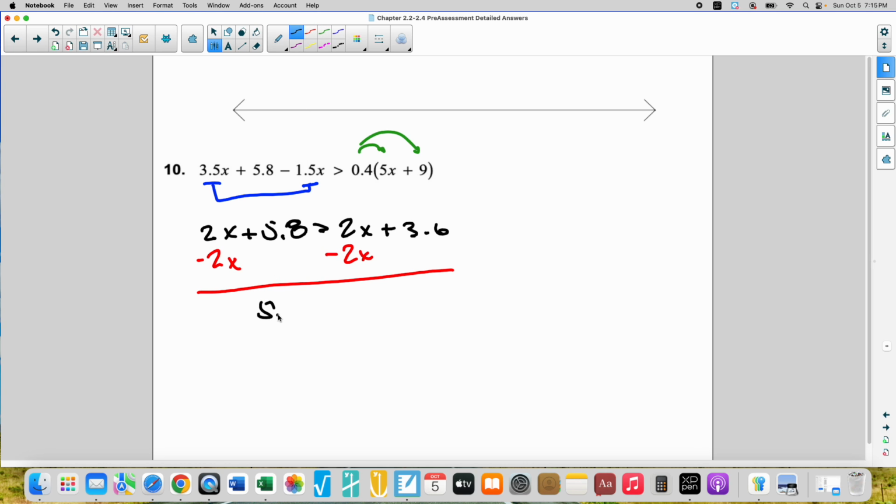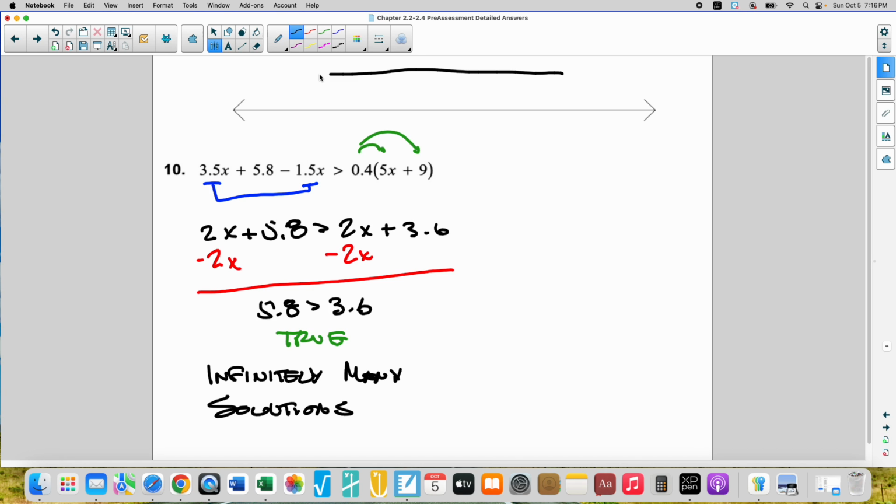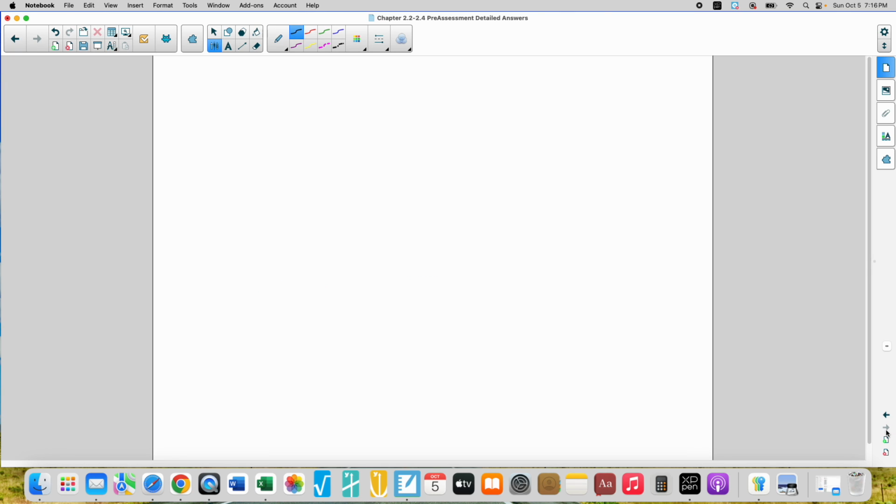That leaves us with 5.8 is greater than 3.6. Variables cancel. That's a true statement. And so it is infinitely many solutions. And don't forget to graph. This is good, but you still need to graph. That's it.